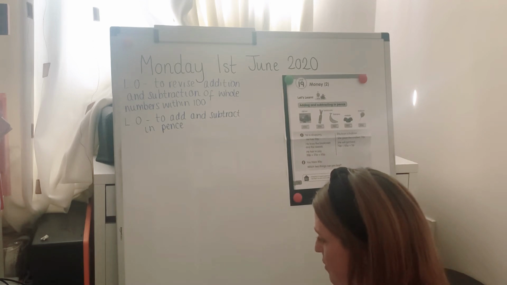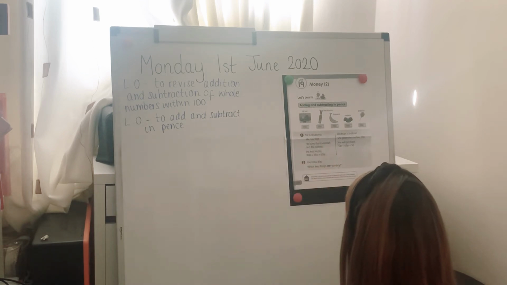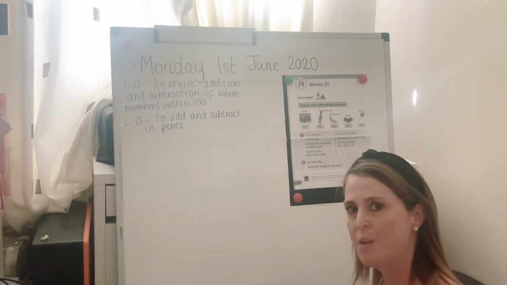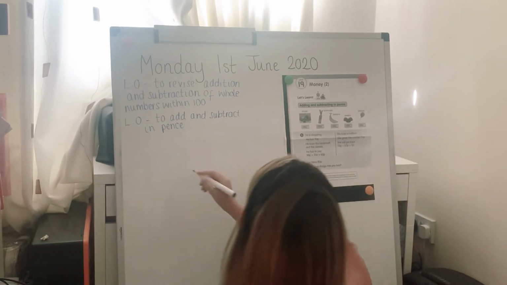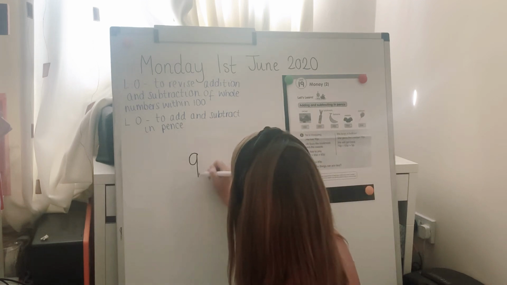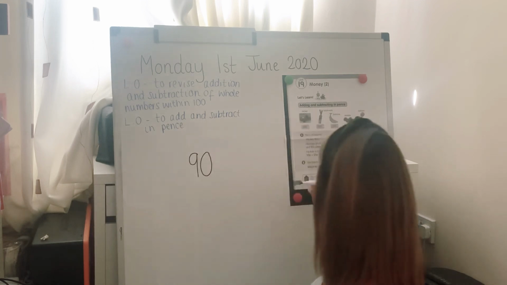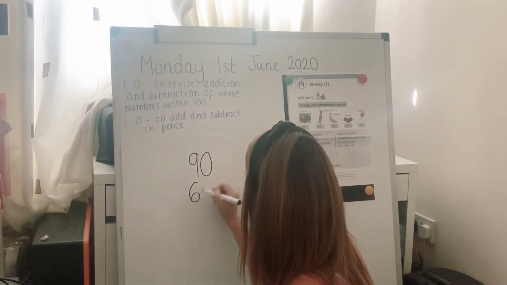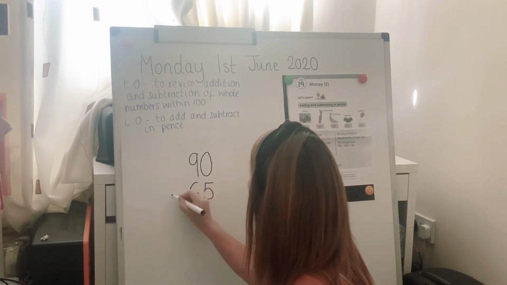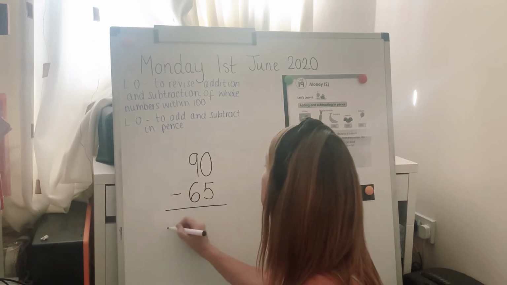Okay, we know that, don't we? If he's got 90p, should we work out how much change that he'd get? So if he's got 90p, and we know that he spent 65p, we're taking away, aren't we?